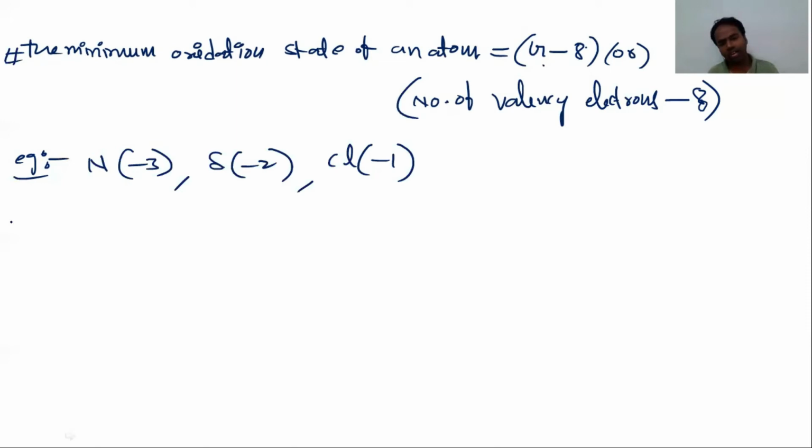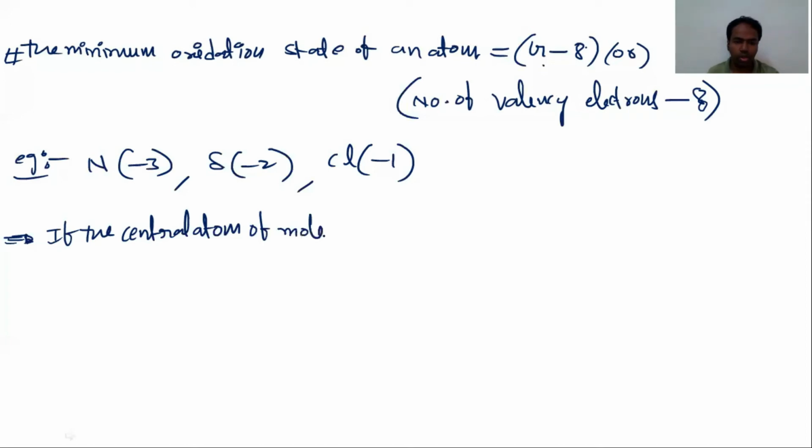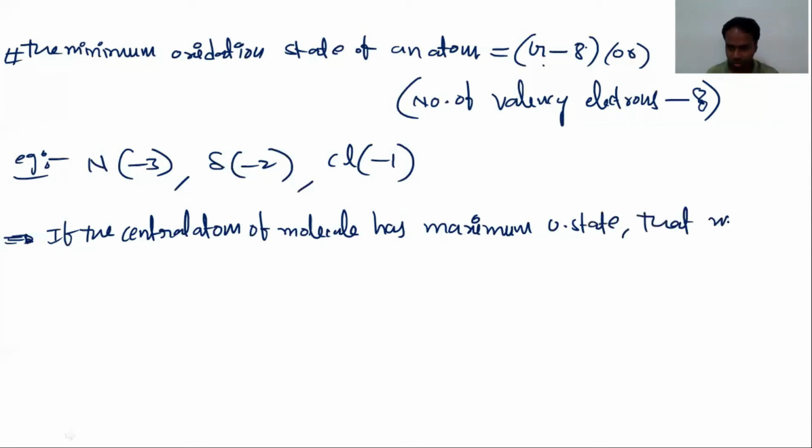Then what is the use of finding the maximum and minimum? With the help of maximum and minimum oxidation states, we can predict the nature of the compound. The point is, if the central atom of a molecule has the maximum oxidation state, that molecule or compound acts as an oxidizing agent.